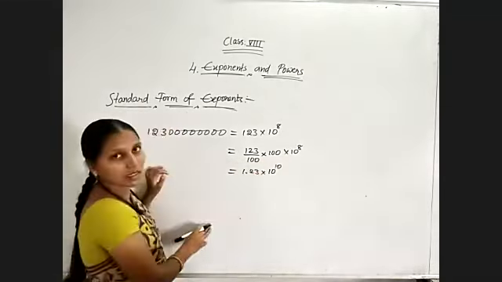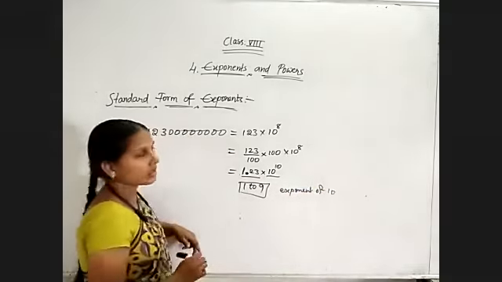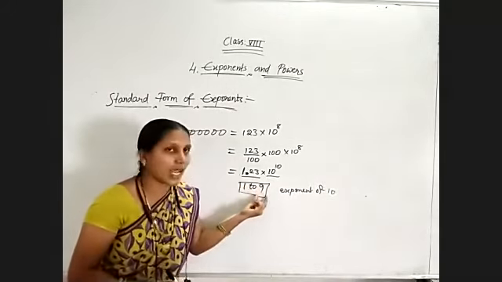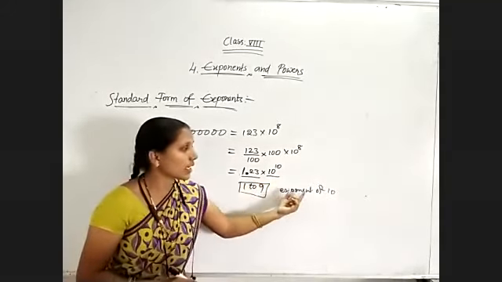Only that decimal value should be between 1 to 9, and the remaining part is an exponent of 10. The product of a decimal number lying between 1 to 9 and an exponent of 10 is known as the standard form of the exponent.